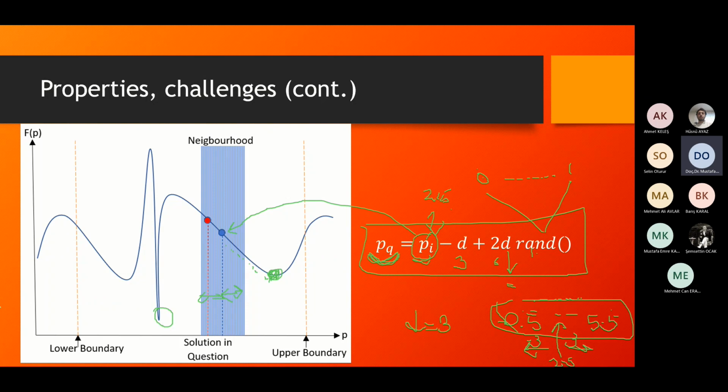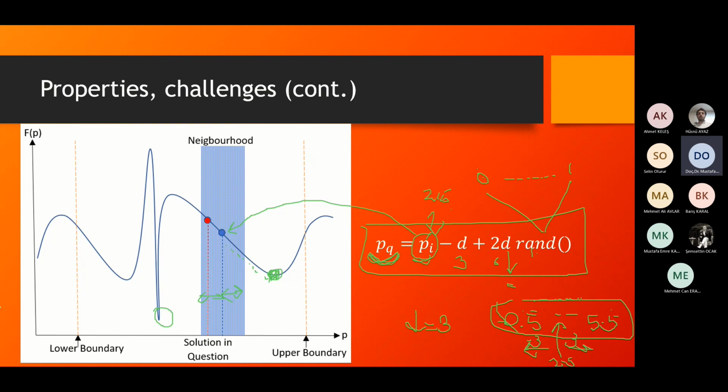So now we have suggested a new algorithm, let's say. That algorithm is working like this. Create a random solution, and within the neighborhood of that solution, create another solution. If the new solution is better than the old one, accept it, and that will be your current solution.